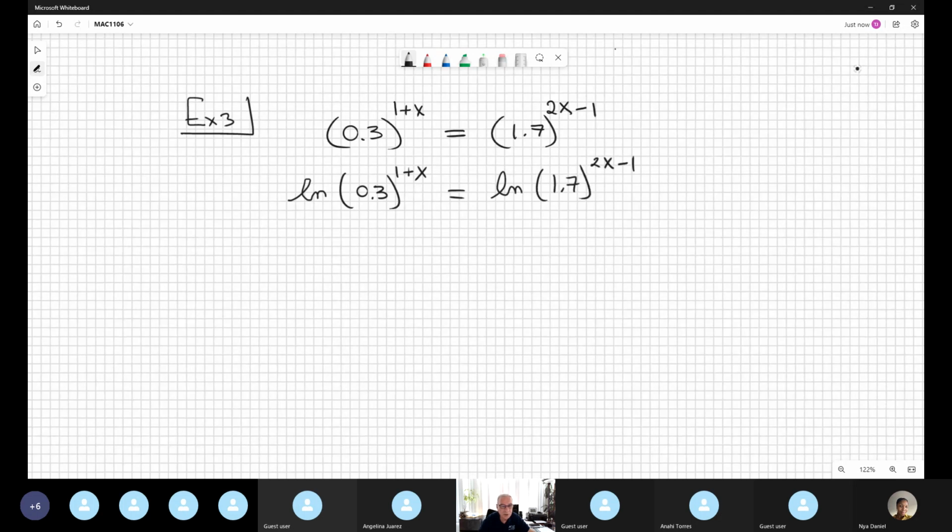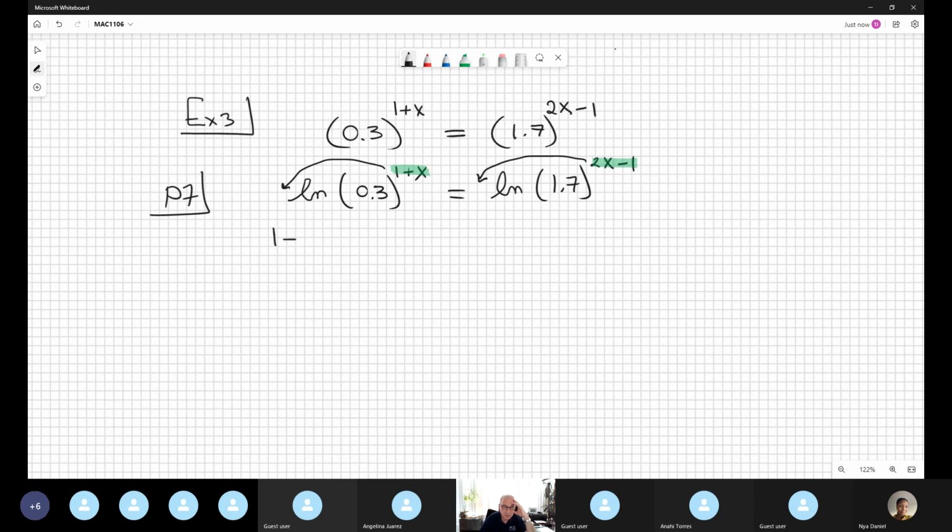And one more time, using property number 7, this exponent and this exponent fly outside the expression and become like a multiplier, no exponent anymore.